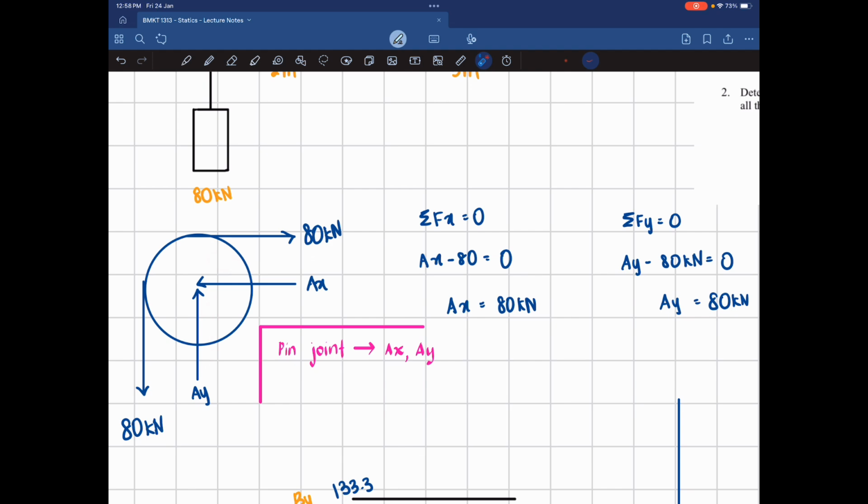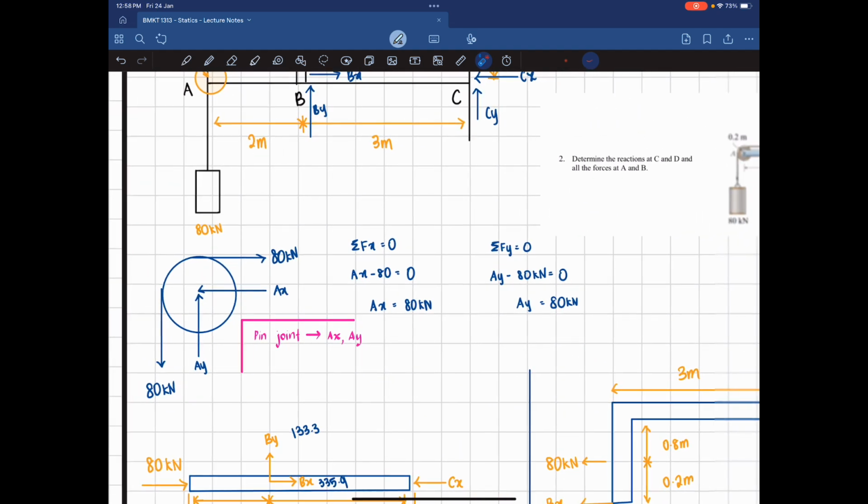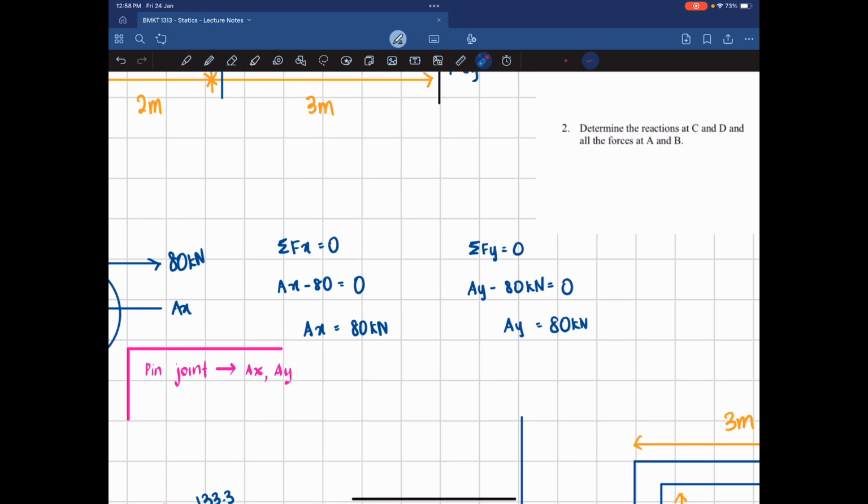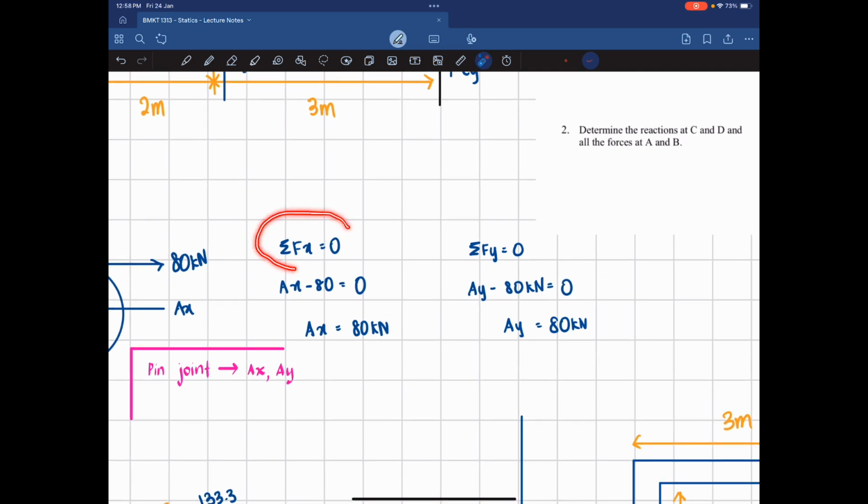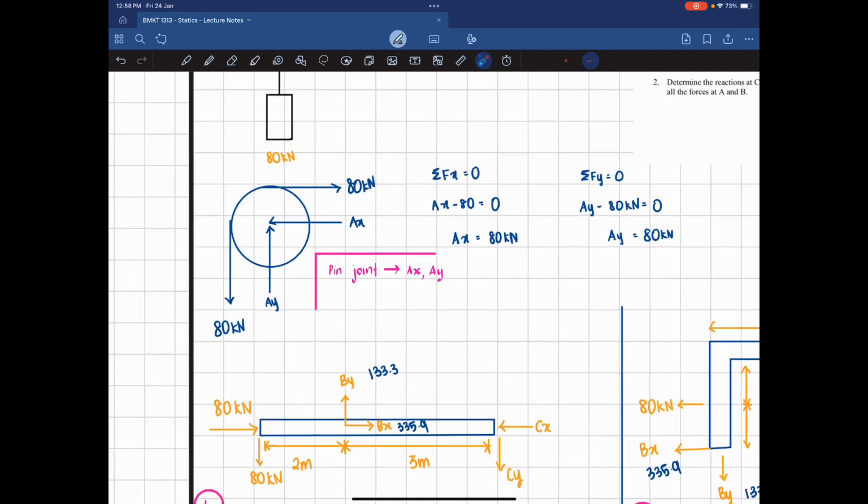Using the equation of equilibrium, sum of Fx equals 0 and sum of Fy equals 0. Therefore, Ax minus 80 equals 0, which makes Ax equal to 80 kilonewton. Same for sum of Fy equals 0: Ay minus 80 kilonewton equals 0, which makes Ay equal to 80 kilonewton.